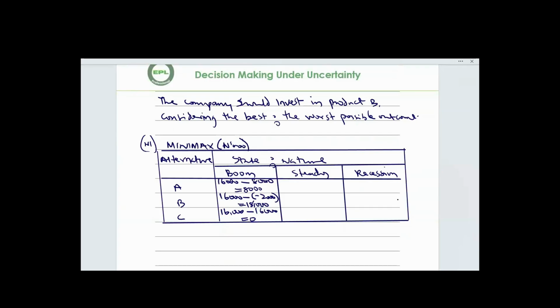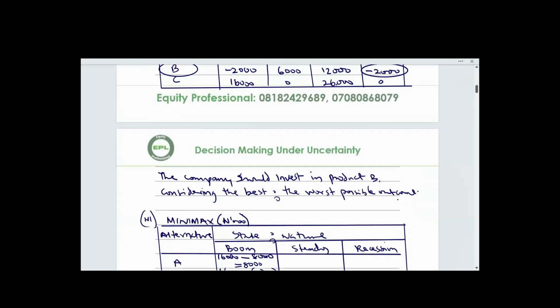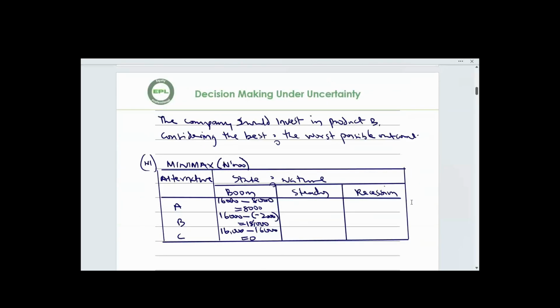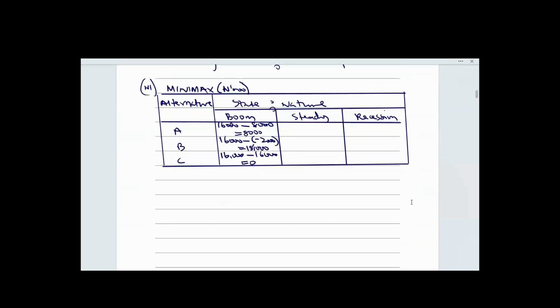Okay, so under steady, the highest figure is 6,000. Therefore, 6,000 minus 6,000. This will give us 0.